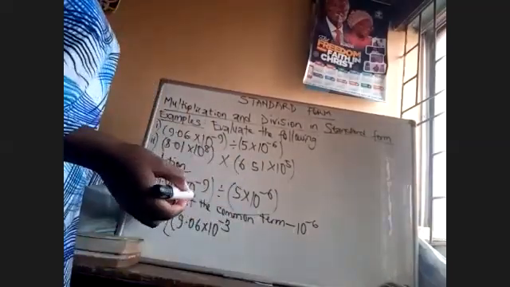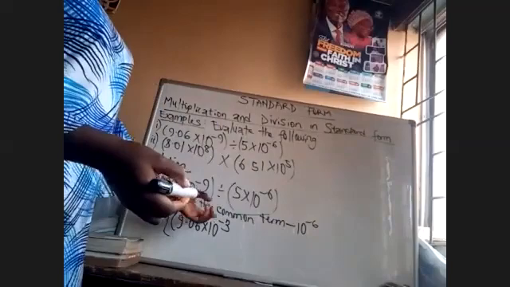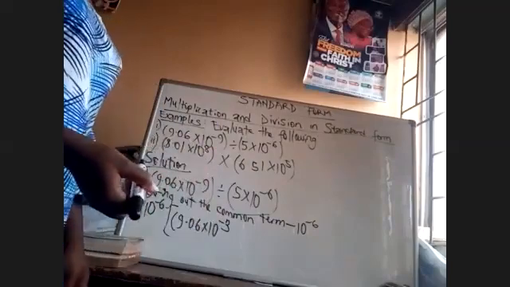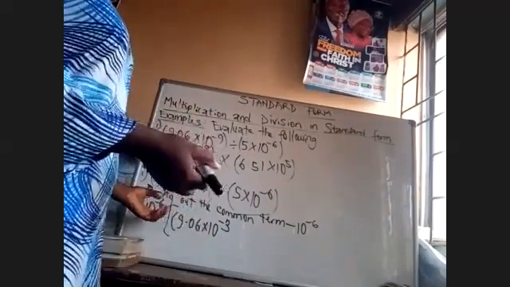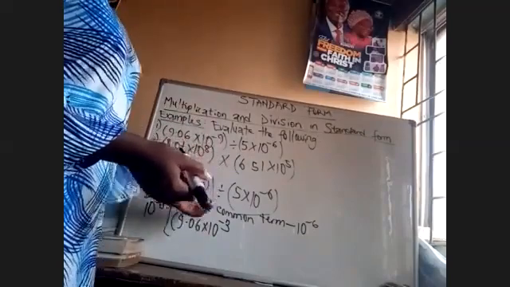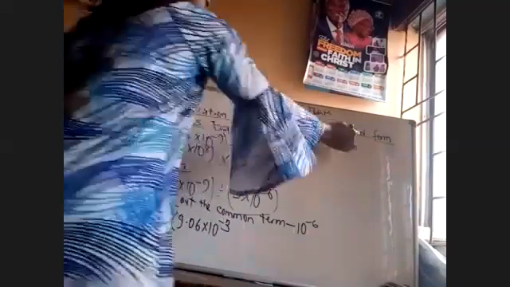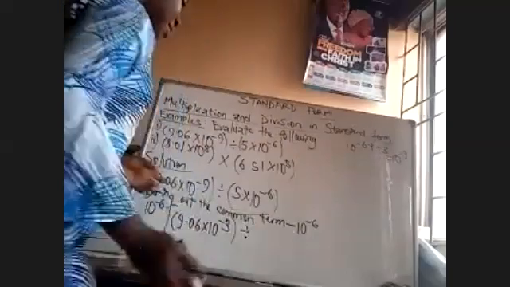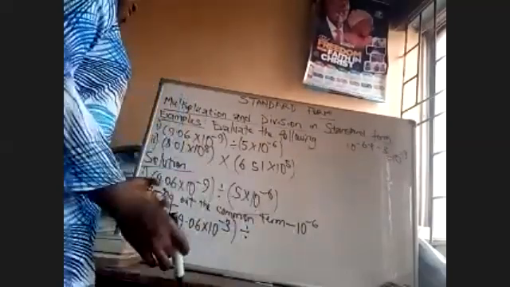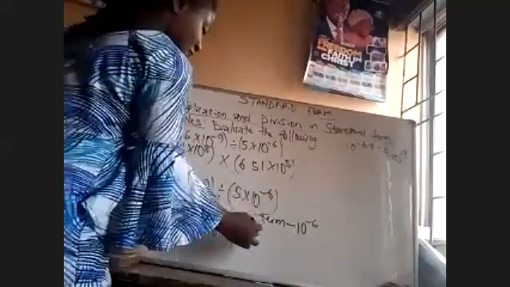Because when you multiply 10 raised to power minus 6 times 10 raised to power minus 3, using your indices rule, multiplication changes to addition, you have 10 raised to power minus 6 plus minus 3, which gives us 10 raised to power negative 9. So divided by, bringing out 10 raised to power minus 6 here, in the second term, we have 5 left.